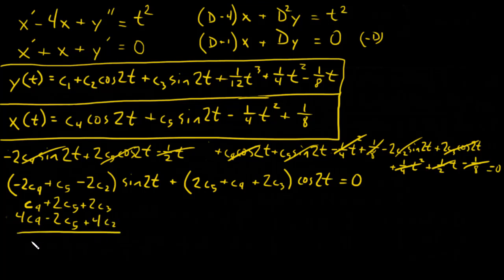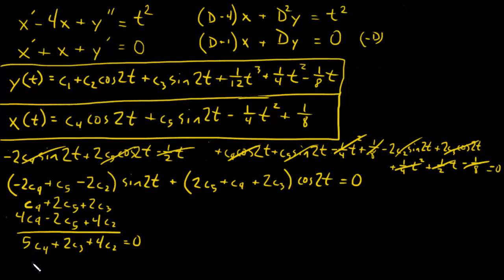Okay, that's going to give me 5C4. The C5s are gone, and then plus 2C3 plus 4C2 equals 0.